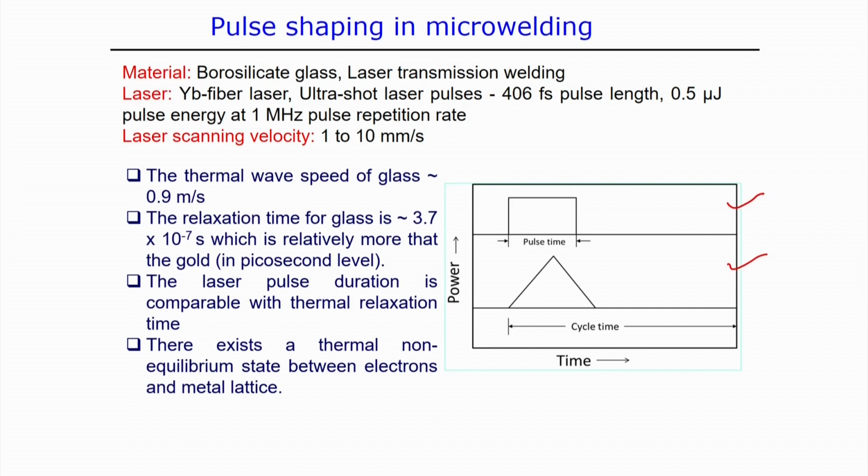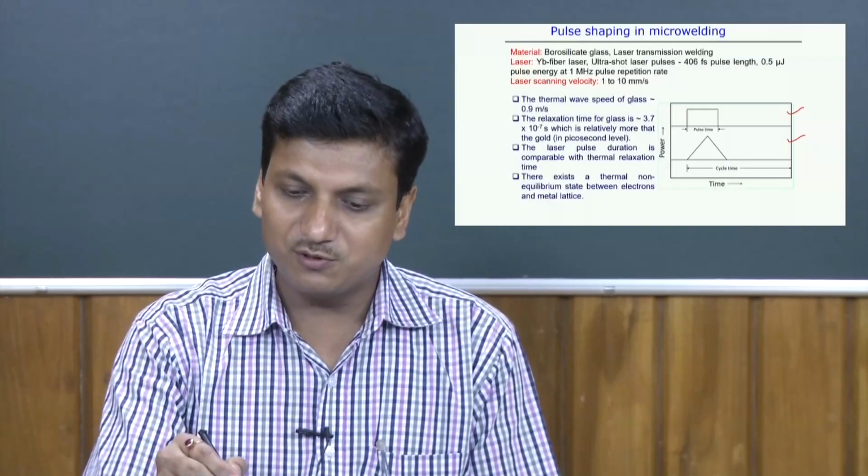Now, when we consider these things, the relaxation time is actually comparable to the pulse width. This relaxation time, 3.7 into 10 to the minus 7, is more as compared to the pulse on time, that means 406 femtosecond.